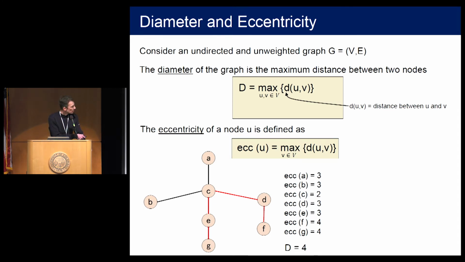Okay, so for example, the eccentricity of A is 3 because the most remote vertices are F and G at distance 3 from A. And of course, you can define the diameter as the maximum eccentricity. And we will use this characterization later in the talk.